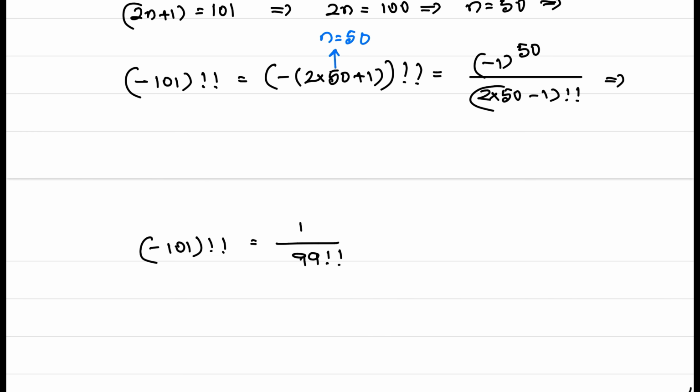Now the question is, how to find out 99 double factorial? From the same formula, how to find out 99 double factorial?